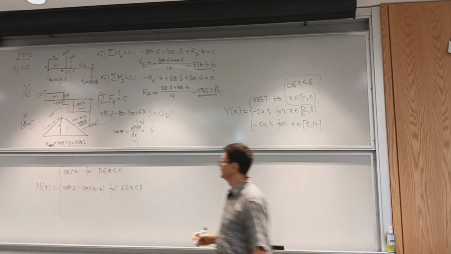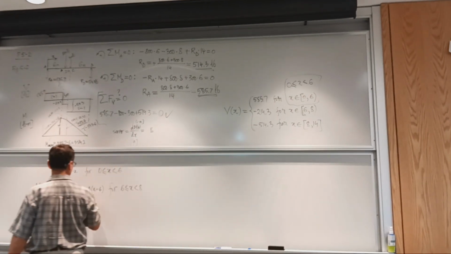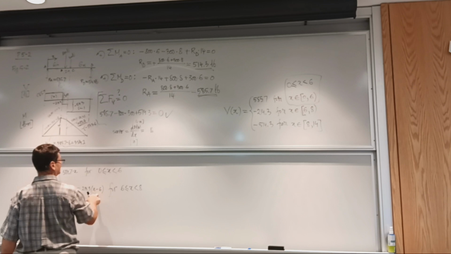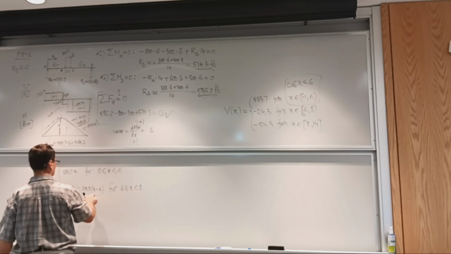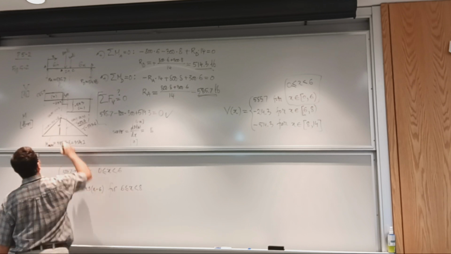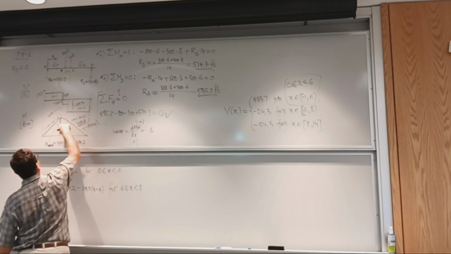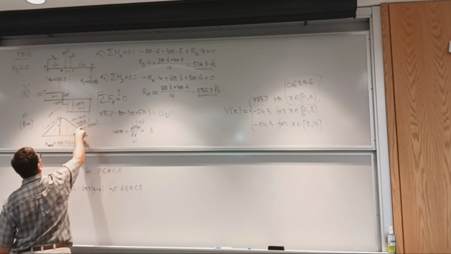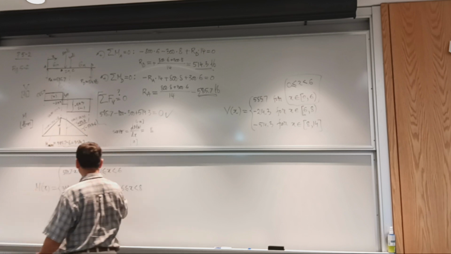Agree? So again, we can verify. If I make x equal 8, it was clear. If I make x equal 6, I get this value. I need to find this value, 3,085.6.